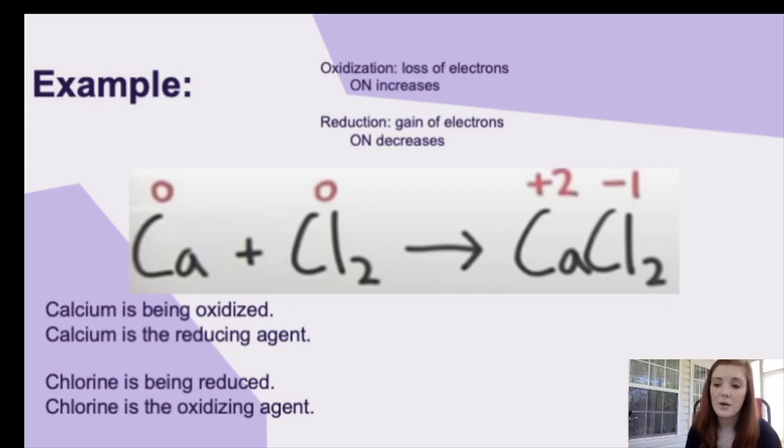The oxidation number has decreased, which means that a gain of electrons has happened. So when you see oxidation numbers and you see +2 or +4, that's how many electrons that atom lost. When you see a negative, that's how many electrons that atom has gained. So in this case, chlorine has gained 1 electron.